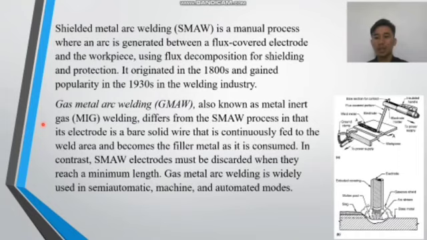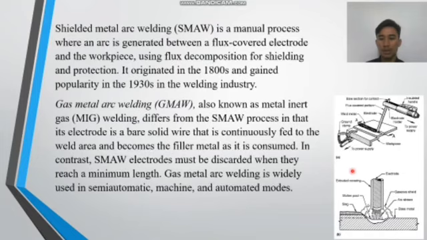Gas metal arc welding (GMAW), also known as metal inert gas (MIG) welding, differs from the SMAW process in that its electrode is a bare solid wire that is continuously fed to the weld area and becomes the filler metal as it is consumed.